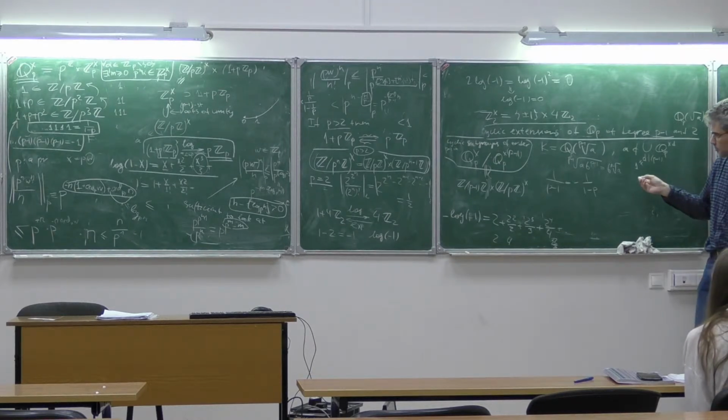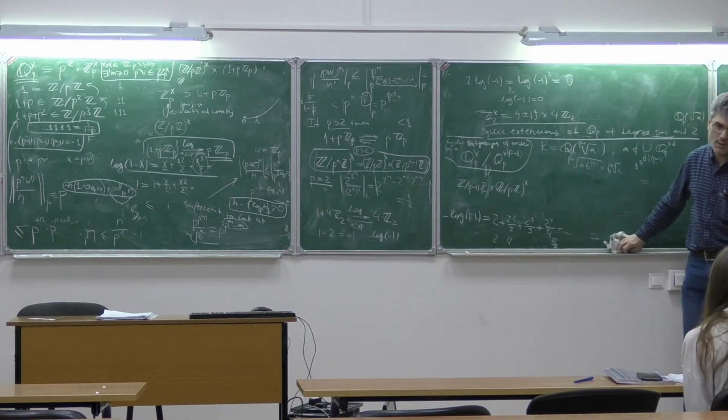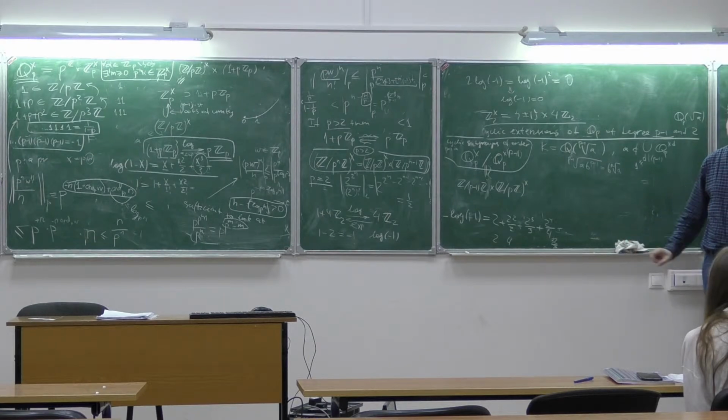So minus 1 plus p squared plus and so on. You see that multiplication by p minus 1 is invertible. Okay, so the kernel is nothing, so everything is divisible by p minus 1. Yes, that's it.